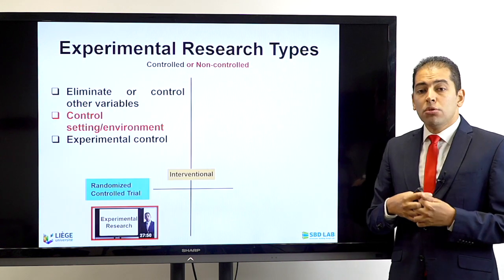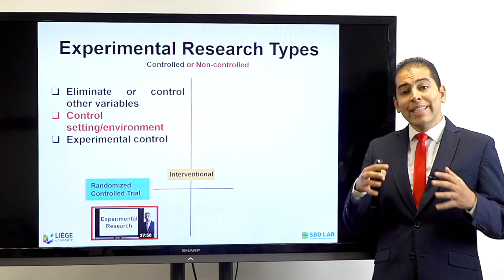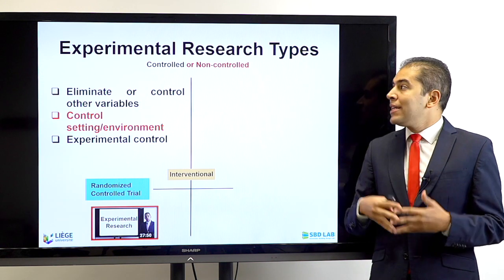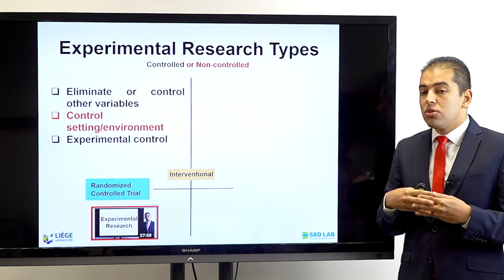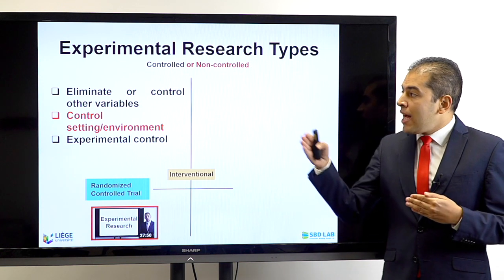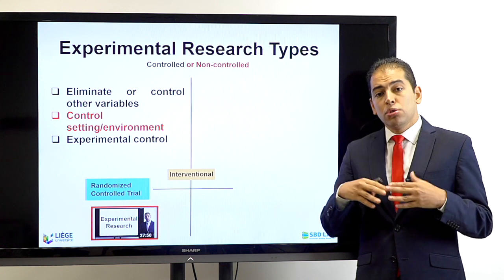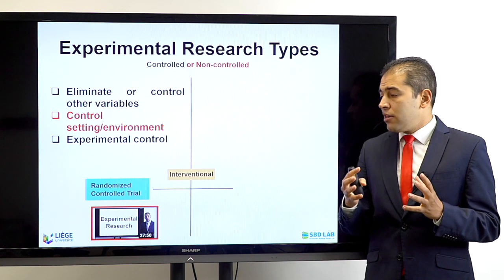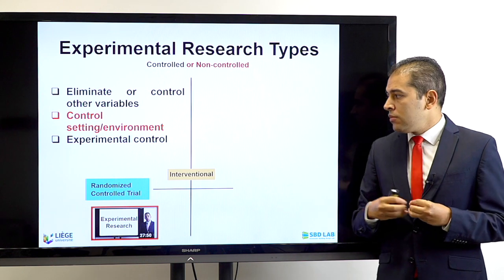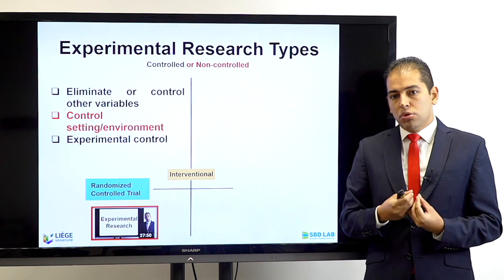This is very important to take into account. Another clarification: in this series I'm going to talk about experimental research that is controlled. By controlled, I mean eliminating or controlling other variables, and controlling the setting and the environment of our investigation, so that we have an experimental control.